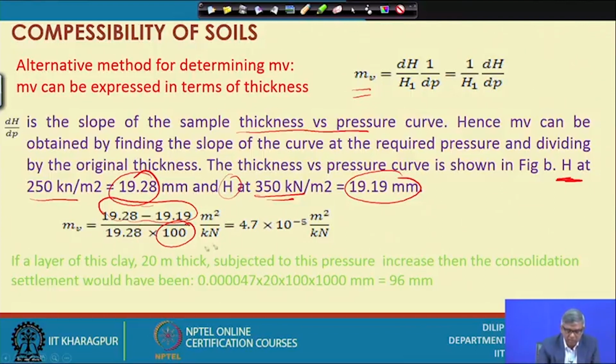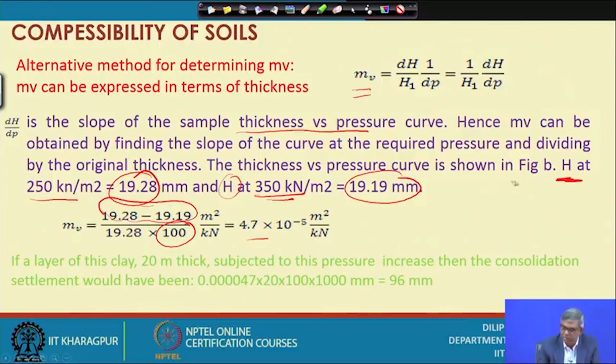If you do this, then you can see we are getting this. Before doing that, I will show the curve for thickness versus pressure. It is almost similar to the void ratio versus pressure curve. So, I will go back to that.